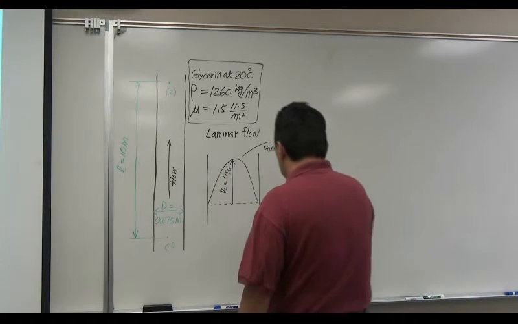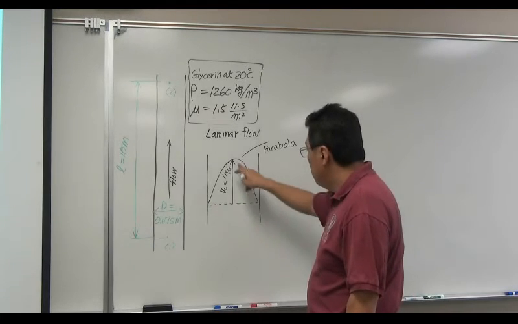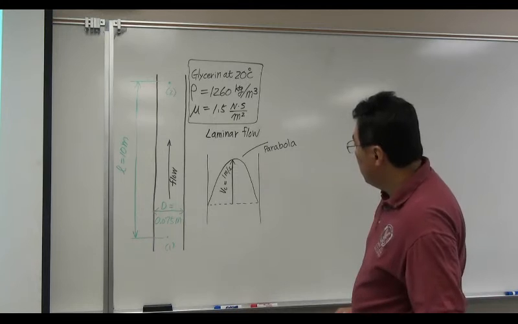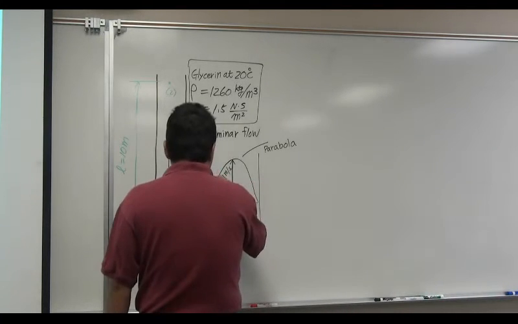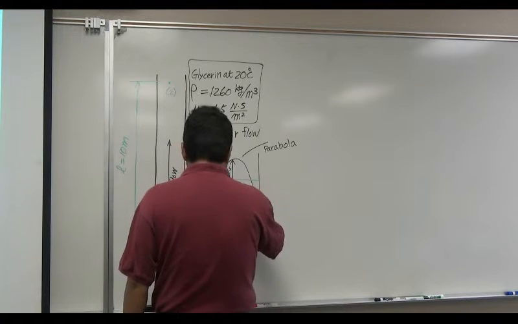So this is a parabolic function. Velocity is 0 on the wall, maximum in the center. If this is a parabolic function, you can actually determine the average velocity.